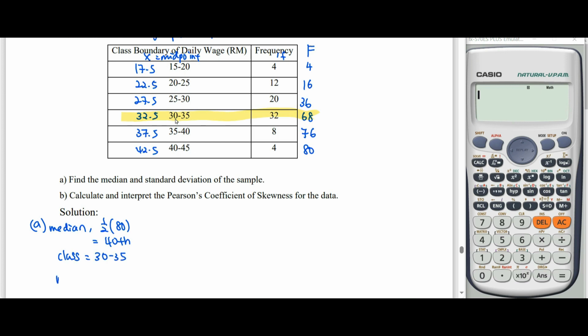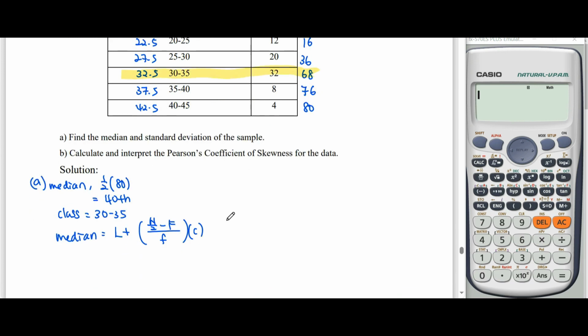To find the median, the formula is: lower boundary plus n over 2 minus the cumulative frequency before the class, then divided by the frequency of the class, times the size of the class. So look at your lower boundary, 30. The class before it also ends at 30, so the lower boundary is 30. Position is 40. Cumulative frequency before the class is 36.